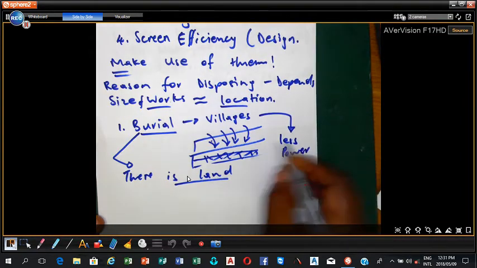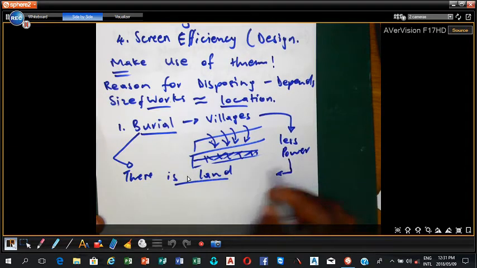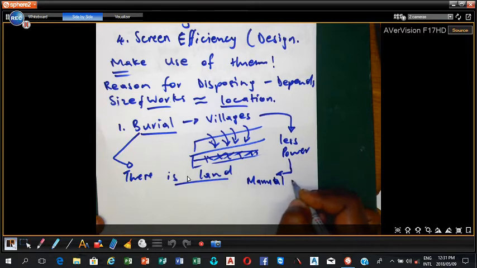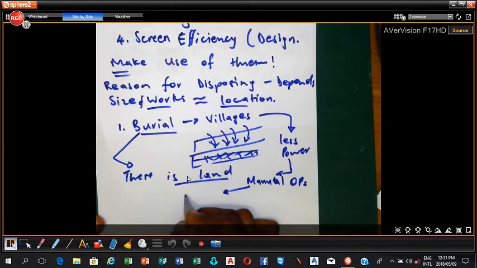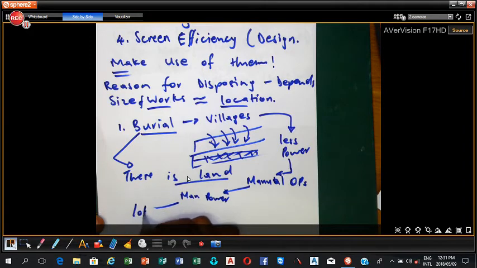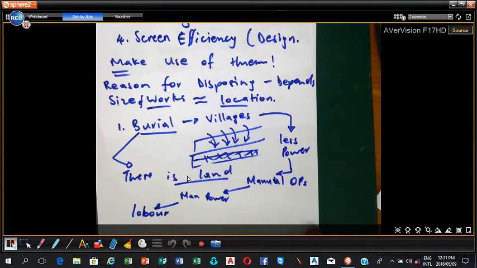The minute you talk less power, you're going to talk manually operated screens. The minute you talk manual, you're going to talk manpower, that constitutes labor. Right, you can see we can go in circles when we explain this.